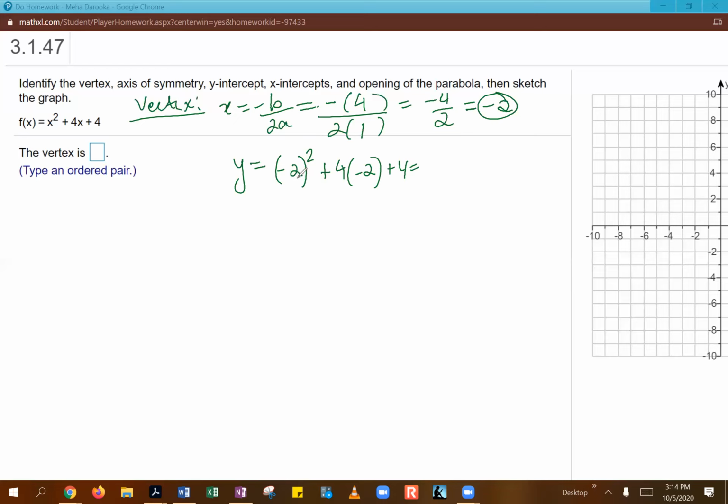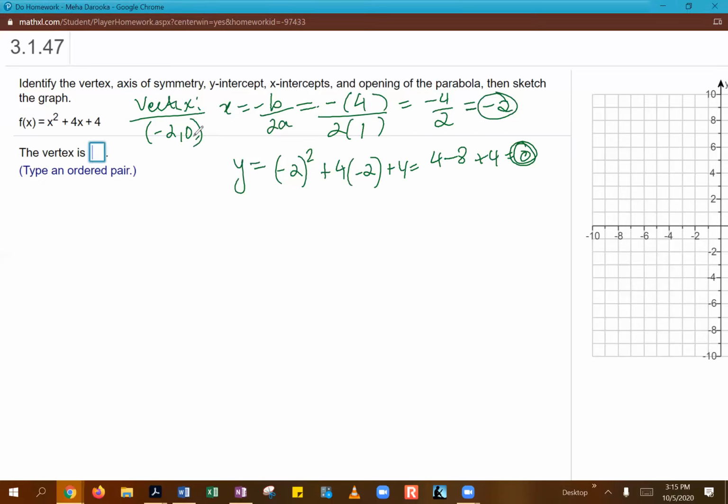Slow down a little bit, okay? So negative 2 squared gives us 4. In the middle, 4 times negative 2 becomes negative 8, plus 4. So 4 minus 8 gives us negative 4. Negative 4 plus 4 will end up giving us 0. So very nice. Our vertex is going to be negative 2, 0.